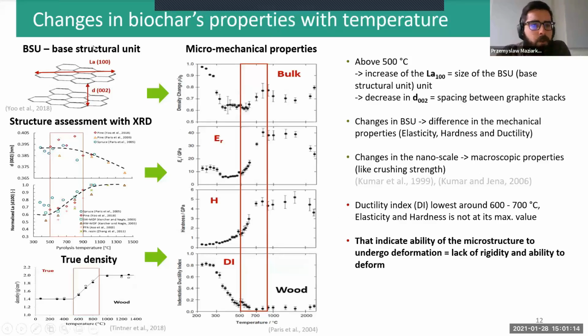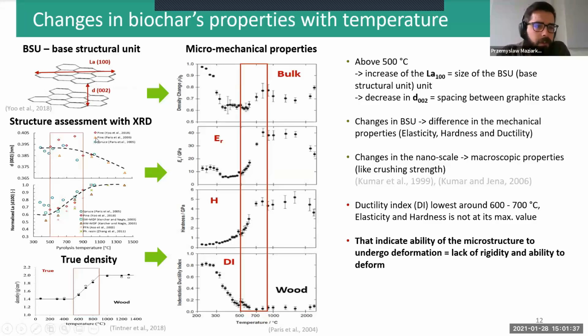When we imagine how the biochar carbonaceous structures look, they are made of basic structural units, more or less graphene sheets ordered in some way within the carbonaceous structure.